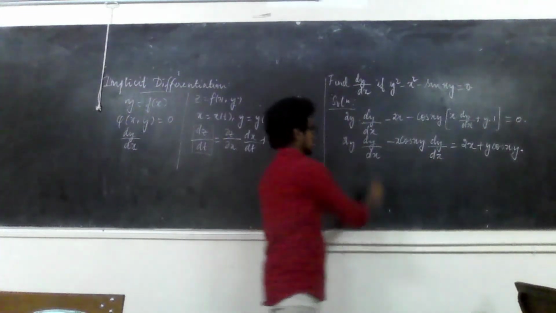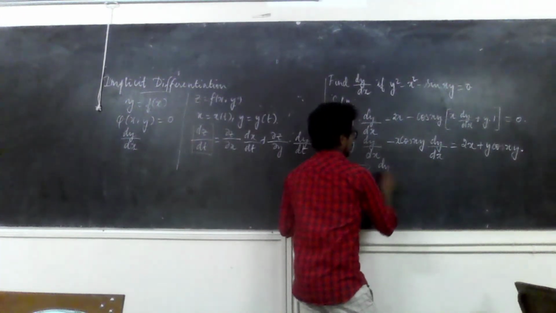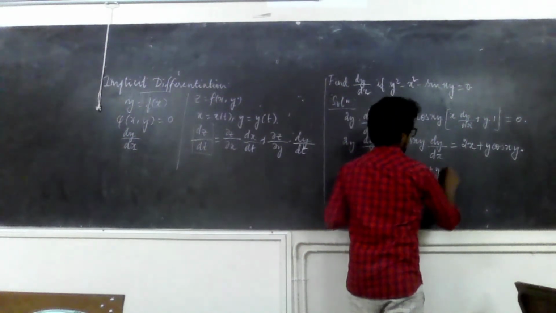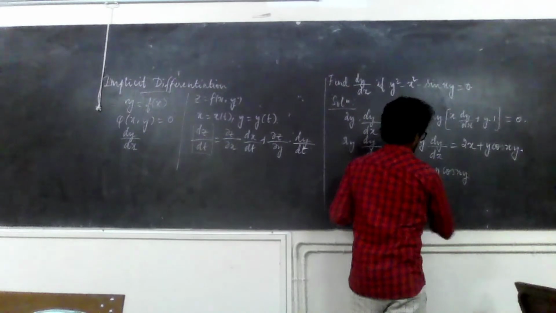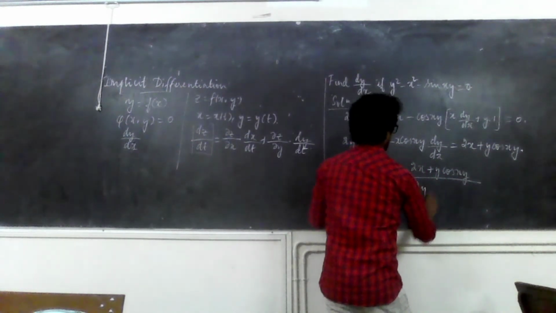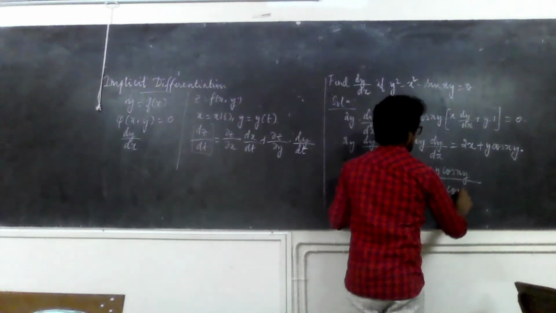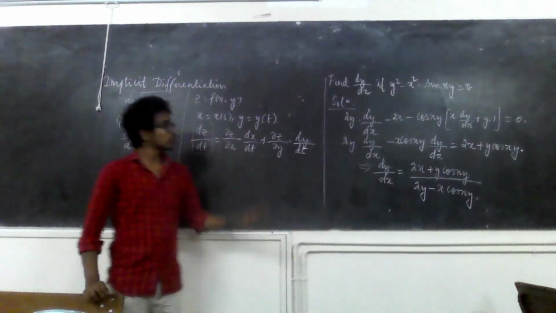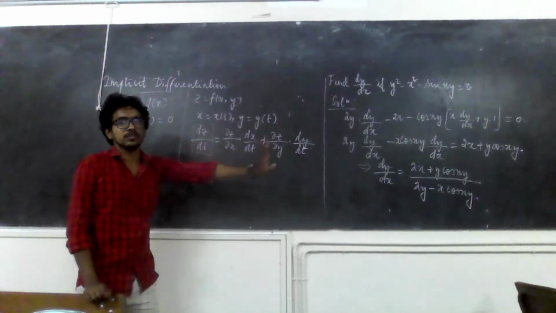From which you can write dy upon dx as 2x plus y cos xy upon 2y minus x cos xy. So this is how we do implicit differentiation.